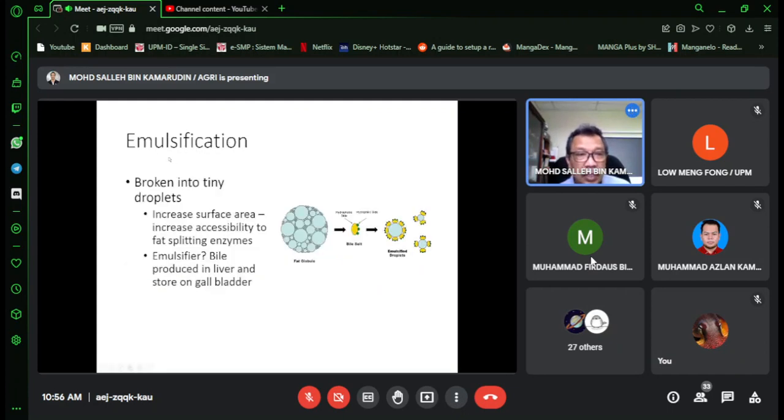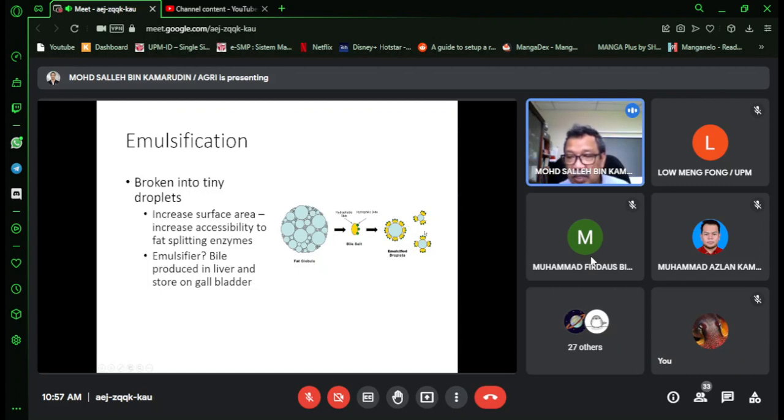All right, in emulsification, the lipid are broken into tiny droplets. These are fat globules, and with bile salt, they are broken into tiny droplets, emulsified.